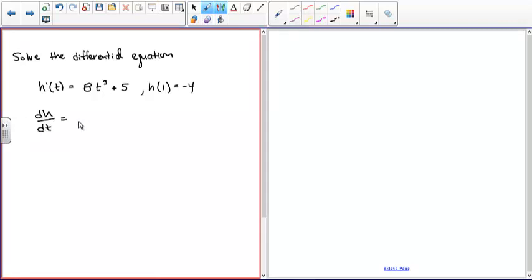So you get dh dt is equal to 8t cubed plus 5. And then you multiply both sides by dt. So we get 8t cubed plus 5, the whole thing times dt. That's the differential form of the original equation. What is h of t?